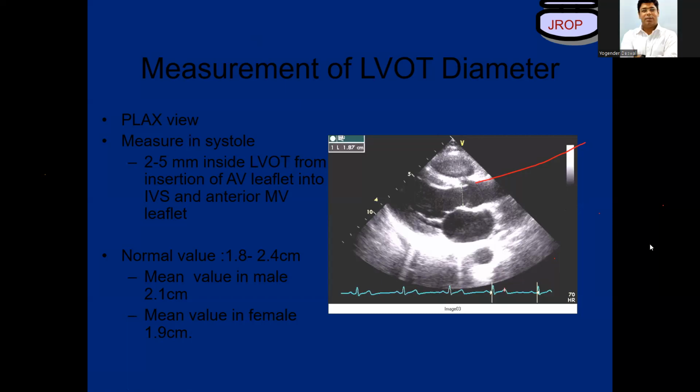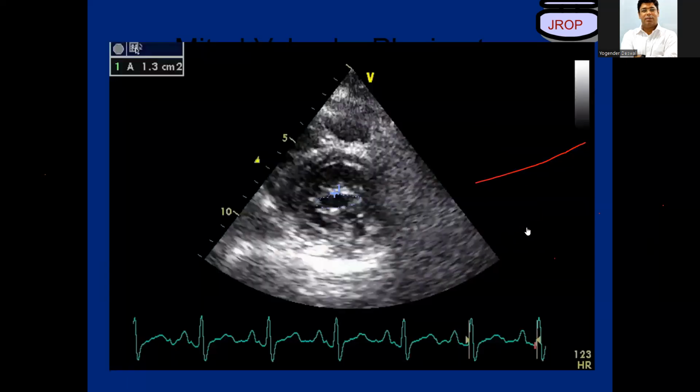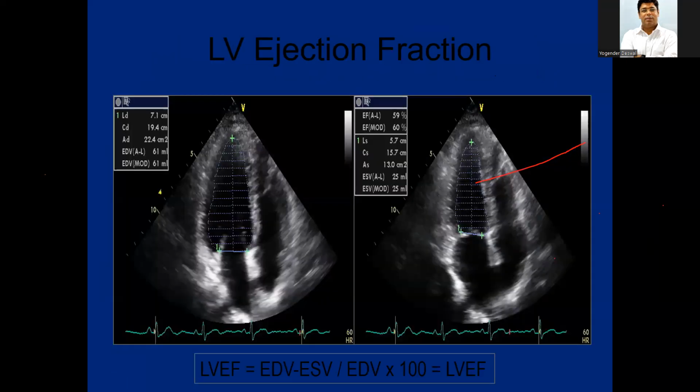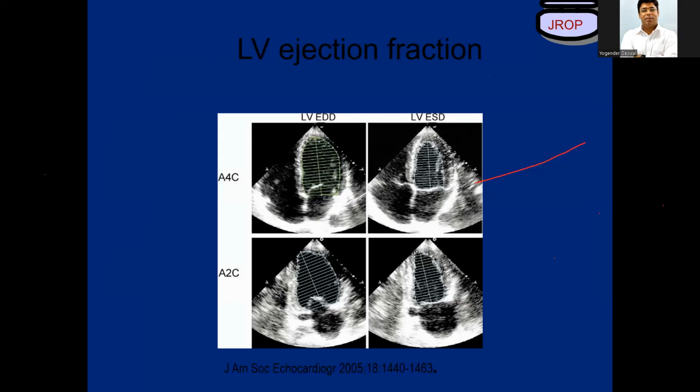Good evening, sir. Good evening. Sir, my question was regarding the Simpson's method, which we do for ejection fraction. When we take the area, sir, on this slide, there are a lot of papillary muscles which we can see.